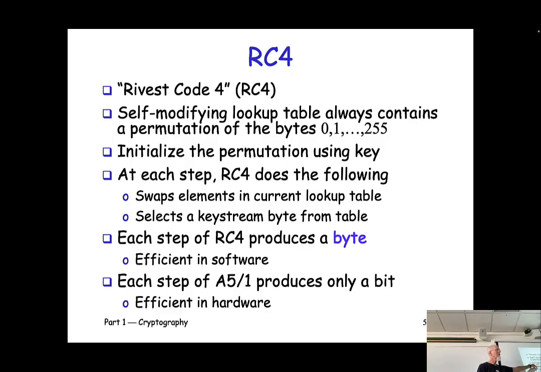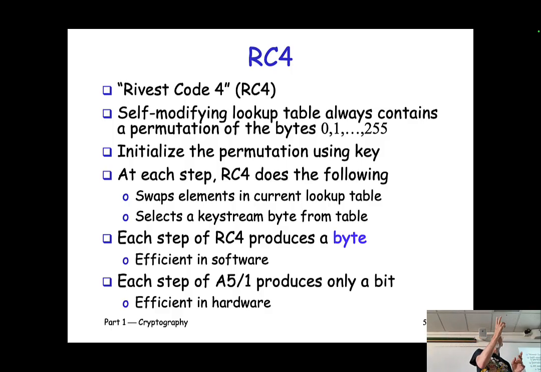All right, so we have to initialize that permutation. We scramble it using the key. Then each time we want to encrypt something, we pull a byte out of that table and we use it to encrypt a byte of our message or decrypt a byte of our message. When we pull a byte out of that table, we permute some elements in the table. By permuting a permutation, you get another permutation.